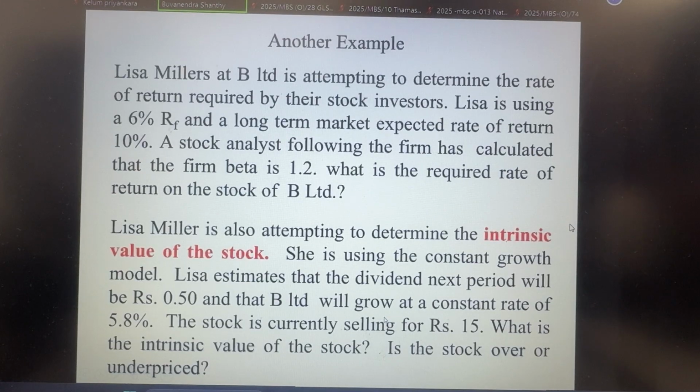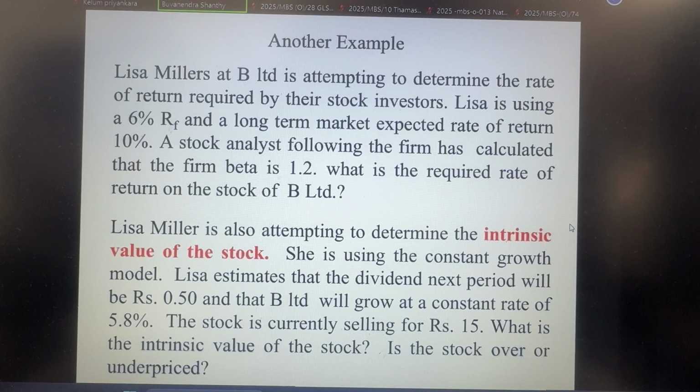So now I come to the final part of the risk-return discussion. Here, B Limited is determining the rate of return required by its stock investors. It is using a 6% risk-free rate and a long-term expected market return of 10%. The stock analyst following the firm has calculated that the firm's beta is 1.2.